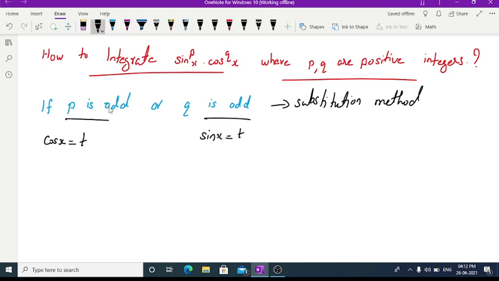Suppose p is odd, then we take cos x is equal to t. Then if cos x is equal to t, minus sin x dx is equal to dt.